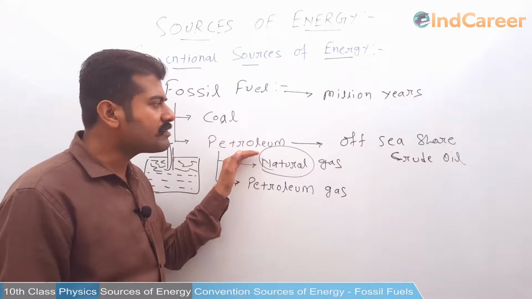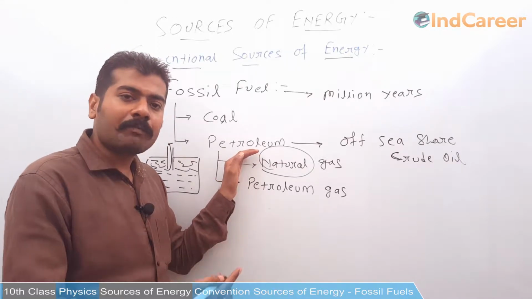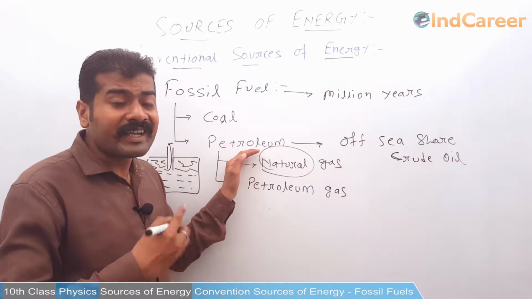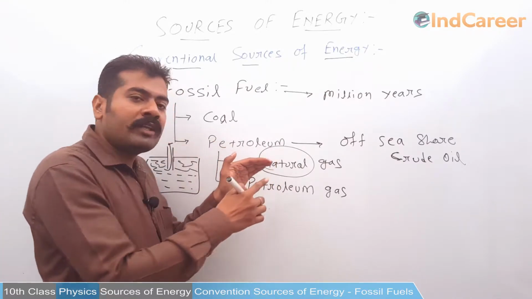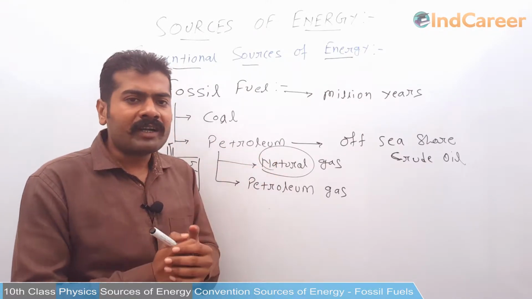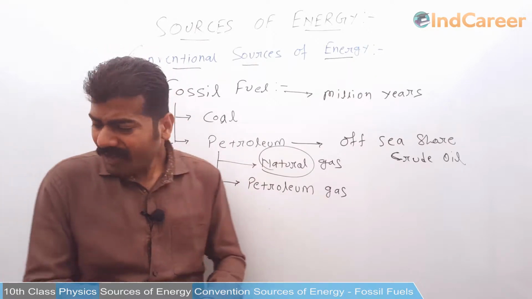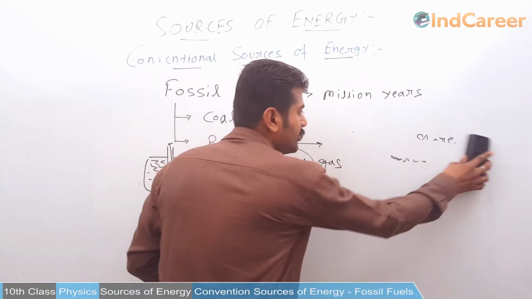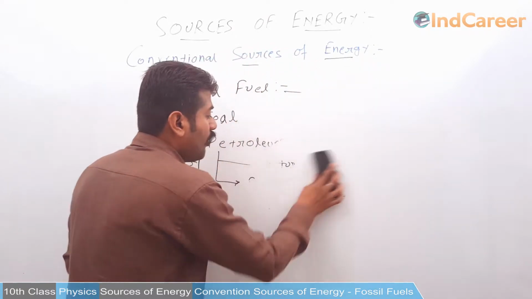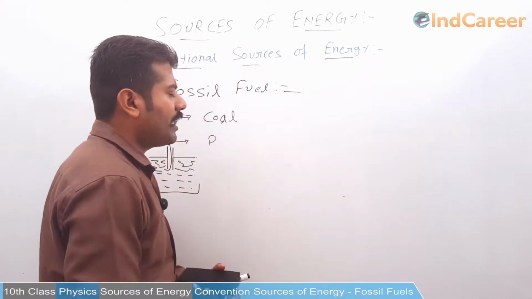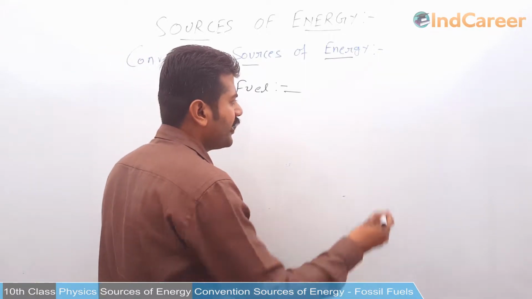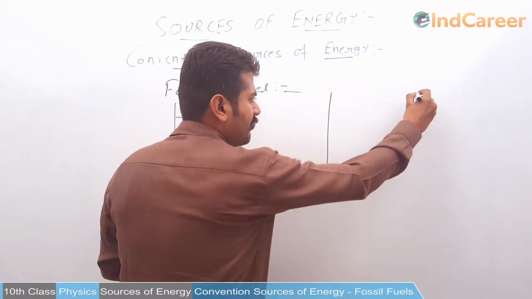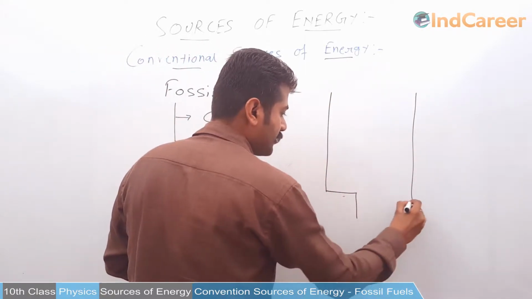Distillation means getting different petroleum products by heating the crude oil at different temperatures. For example, let's take a quick look at the distillation process of petroleum. First there is a container in which the crude oil is filled.